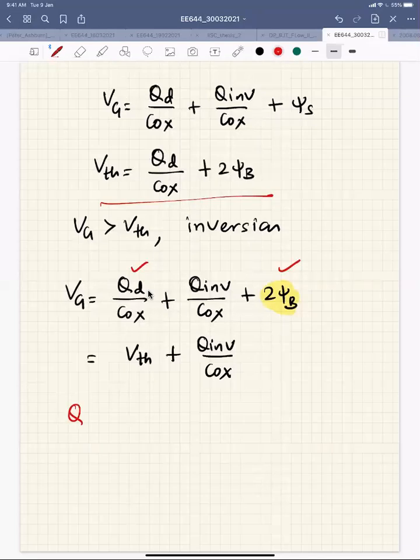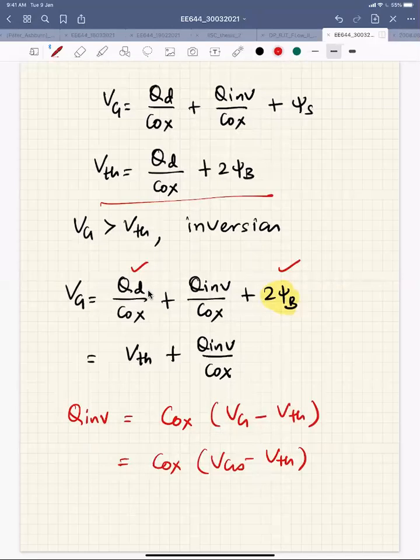So your Q inversion, generally this is a first order equation. We write Cox times Vg minus Vth, right? This equation we very fondly use in many places if you want to find the number of electrons in the inversion, because Q inversion is nothing but your electrons only, right?